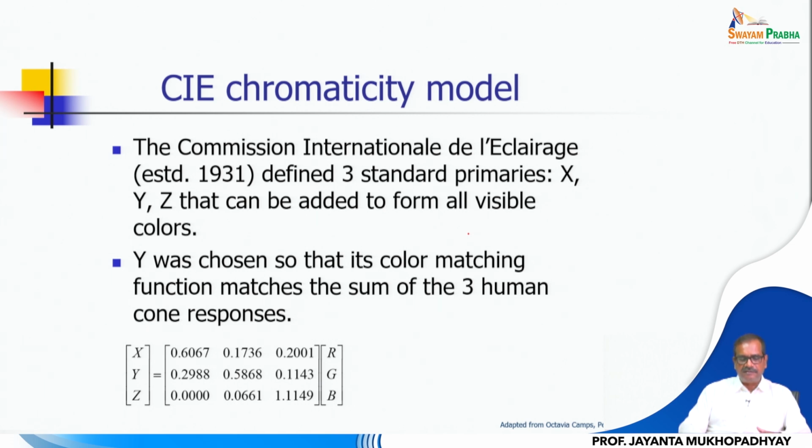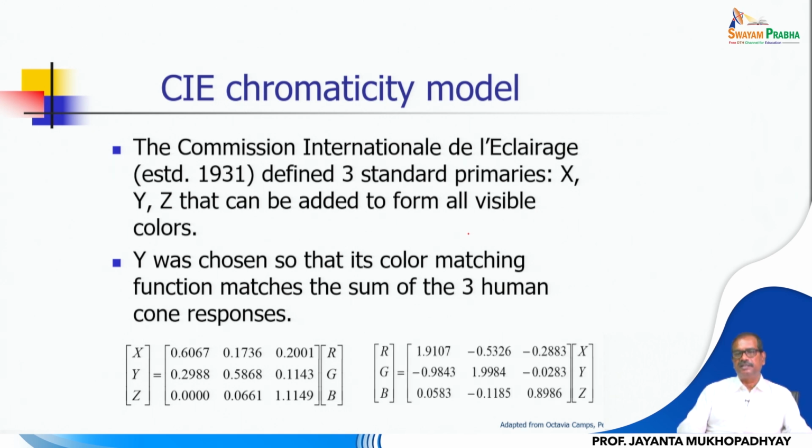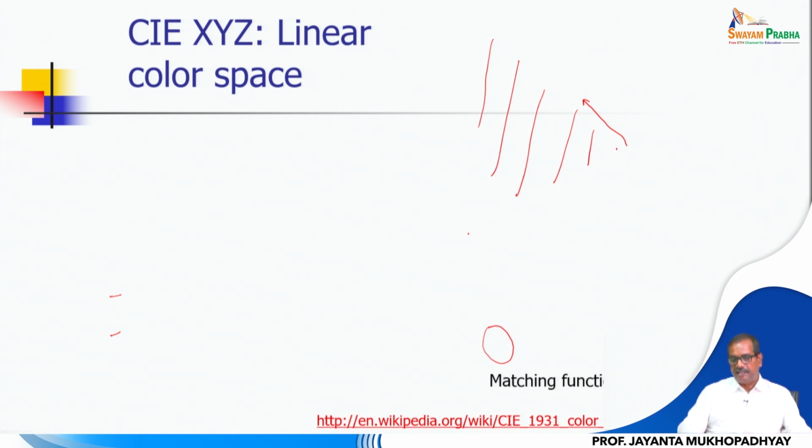So from given red, green, blue components, you can convert into XYZ components, and given XYZ components, once again you can invert it back. So this is the idea. You can see that there is some negative mixing of red, green, blue needed to produce XYZ components, so it is not possible through additive mixing of red, green, blue. That is why it is a hypothetical color space, but it is represented better by this one.